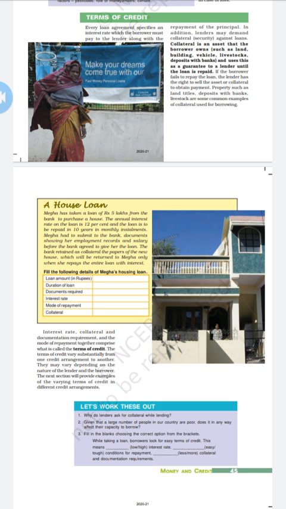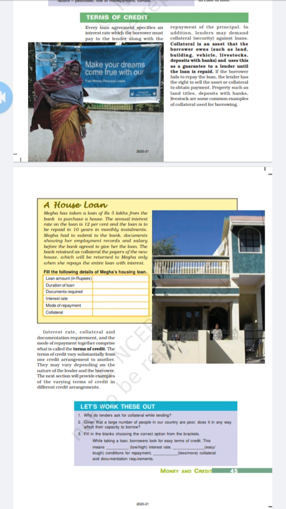As for the security required, the main important thing is the salary, for the loan taken to buy a new house. Here a small fill in the blanks is given. Loan amount, how much? 5 lakhs.